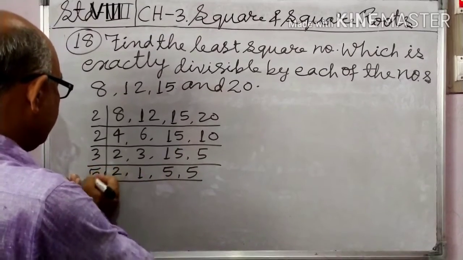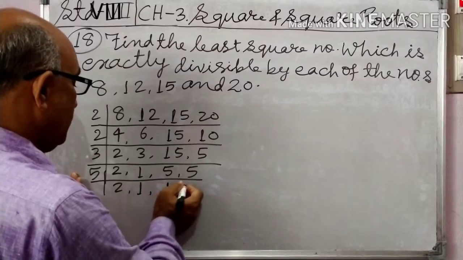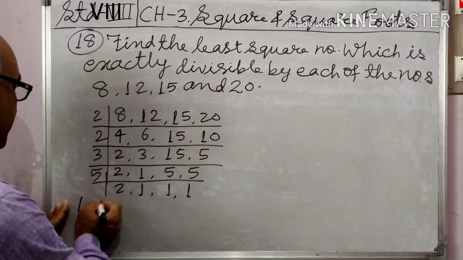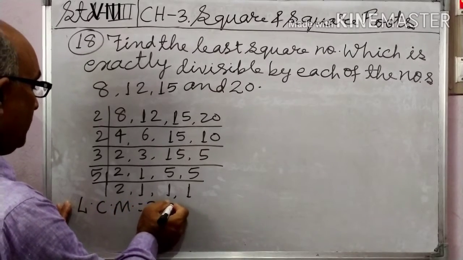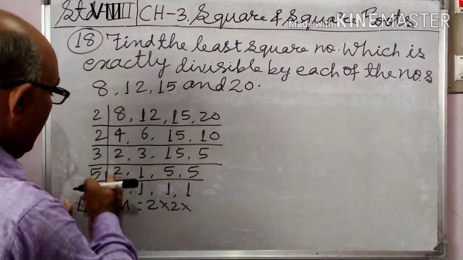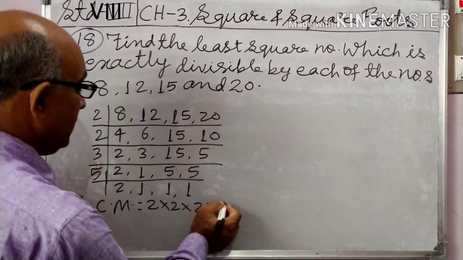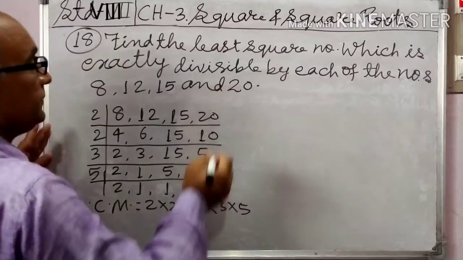Now 5 times 1 is 5. So the LCM equals 2 into 2 into 2 into 3 into 5.